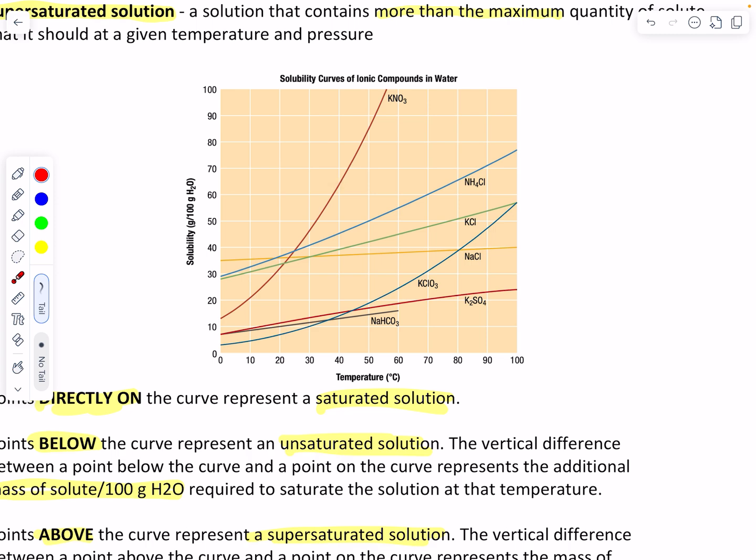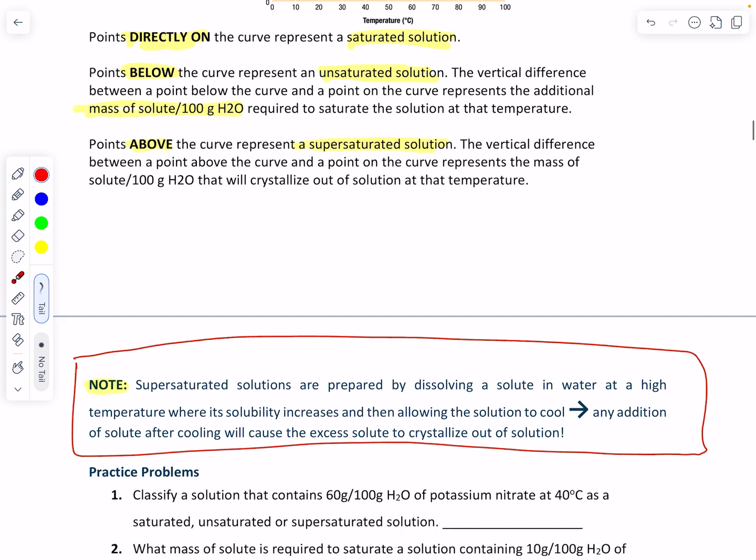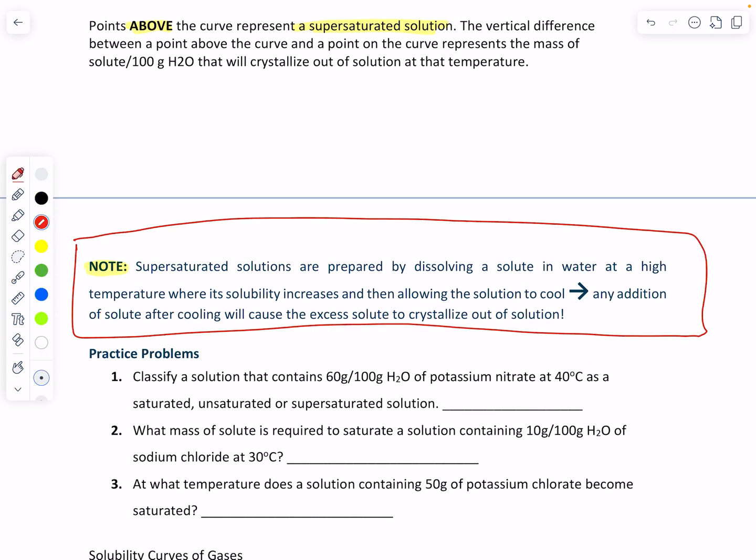So if we only add 60 grams, then this will be an unsaturated solution because it's less than 65 grams per 100 grams of water.